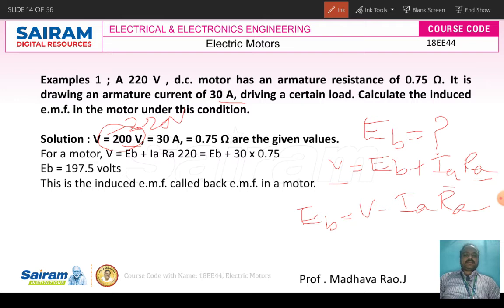If you calculate 220 minus 30 into 0.75, we will get 197.5 volts. So this is the induced EMF, called back EMF, in a DC motor, right?